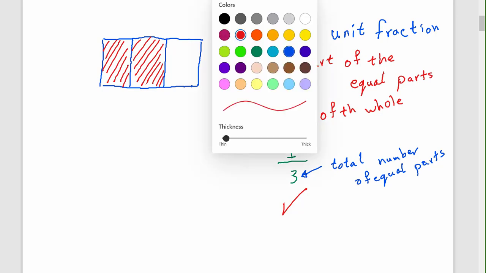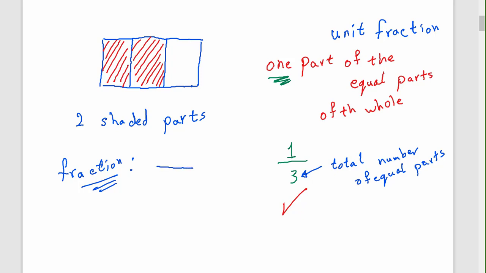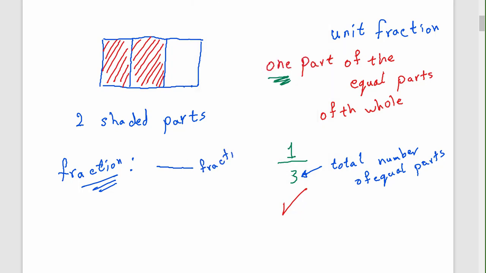We can see that we have 2 shaded parts. So, to represent it as a fraction for the shaded parts, we will write a fraction bar. So this is a fraction bar.